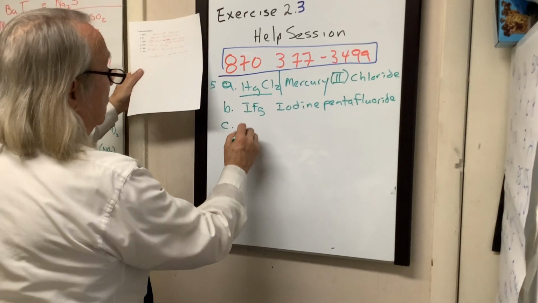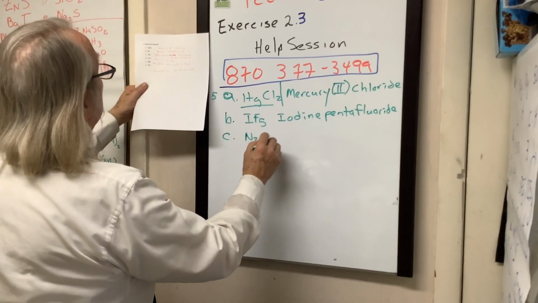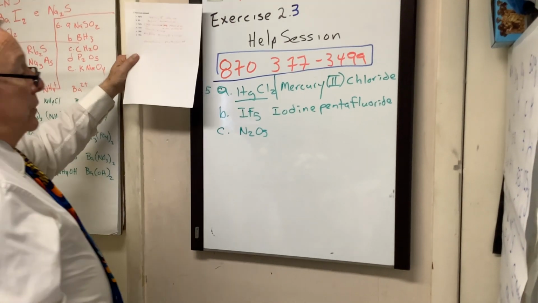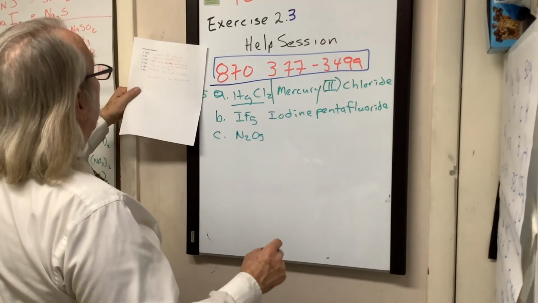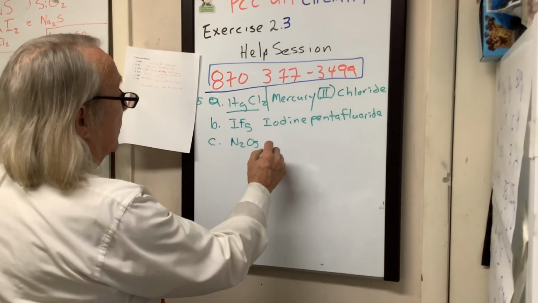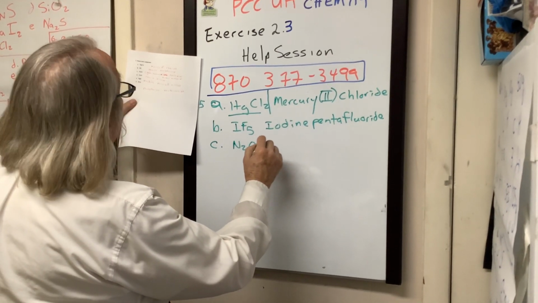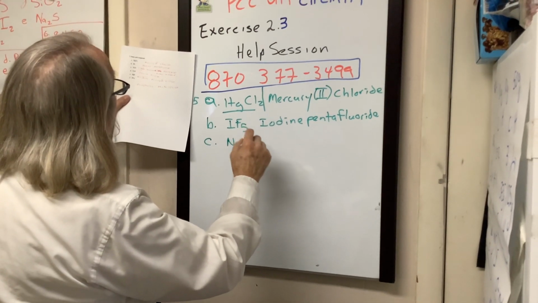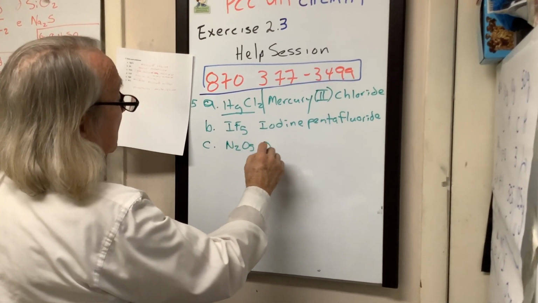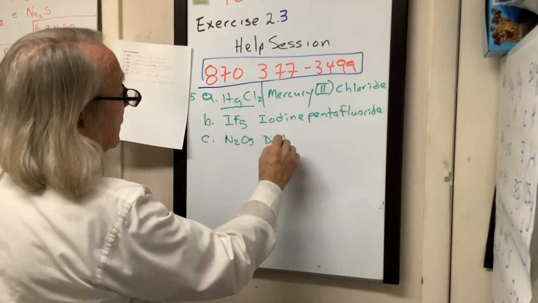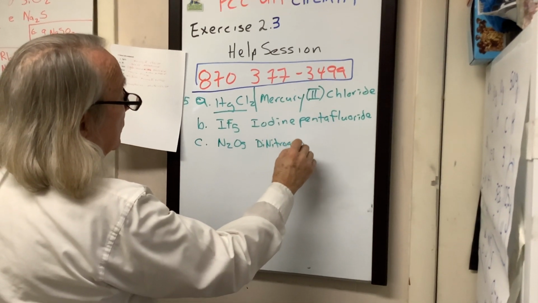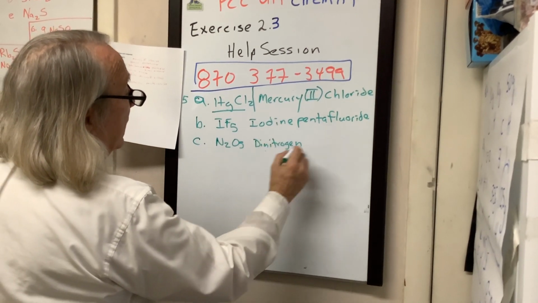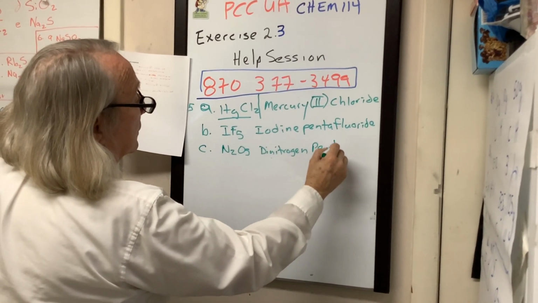The next one is one of those nitrogen-oxygen compounds. This one had an old trivial name of nitric anhydride, but it is now called dinitrogen pentoxide. You didn't need to capitalize that nitrogen. And dinitrogen pentoxide.